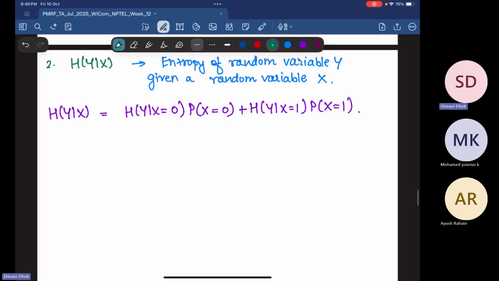Then what do you mean by H of Y given X equal to i?